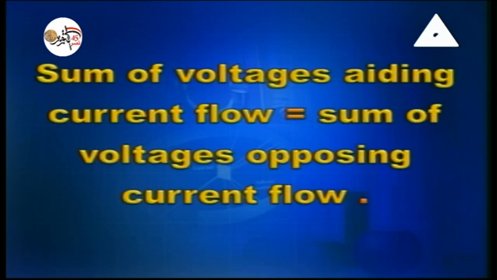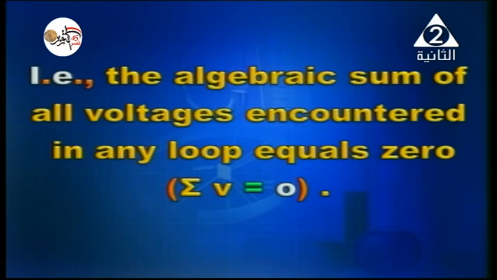So we can say the sum of voltages aiding current flow is equal to the sum of the voltages opposing current flow. That's to say, the algebraic sum of all voltages encountered in any loop equals 0. This was about Kirchhoff's voltage law.